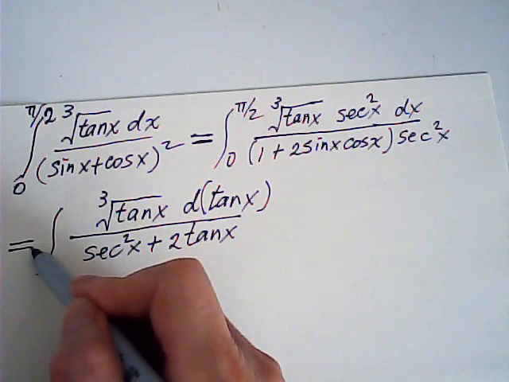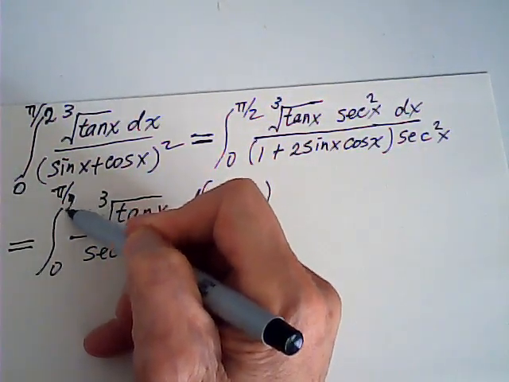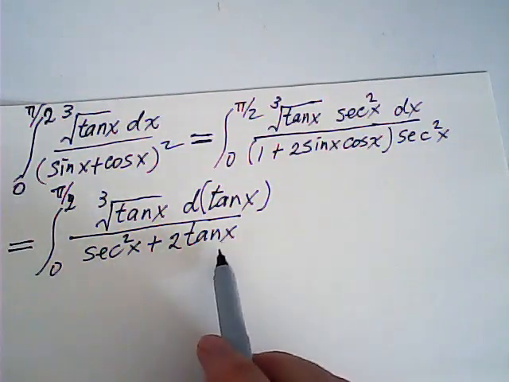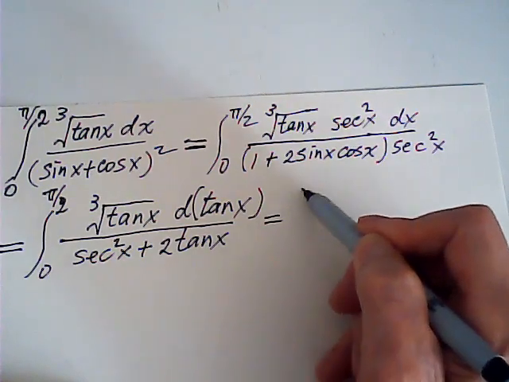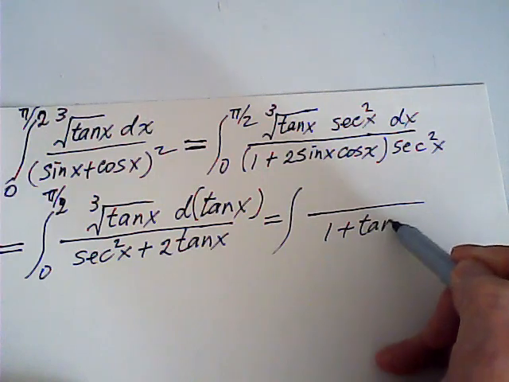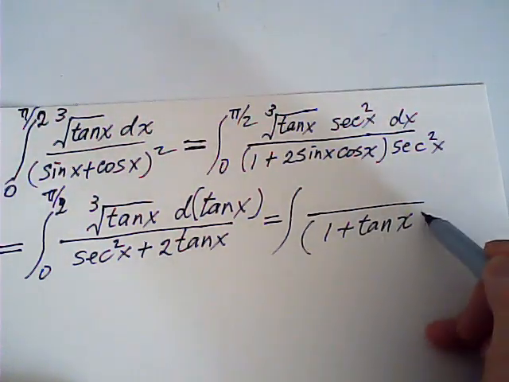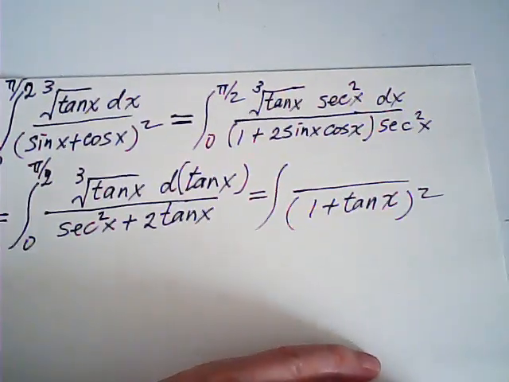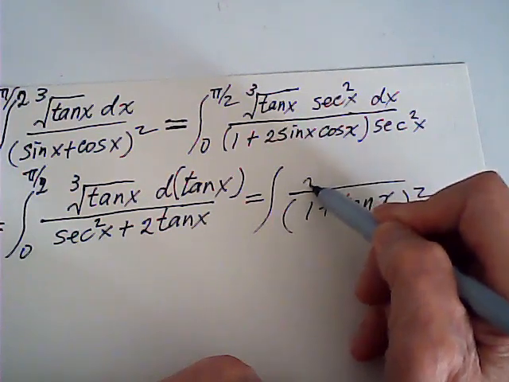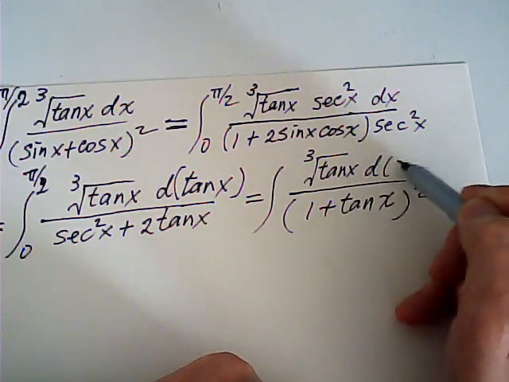So it is equal now to the integral from 0 to half pi. This is 1 plus tangent square plus 2 tangent. Therefore, the denominator is equal to 1 plus tangent x, all squared, right? Correct. And then on top we have the cubic root of tangent x and d tangent x.